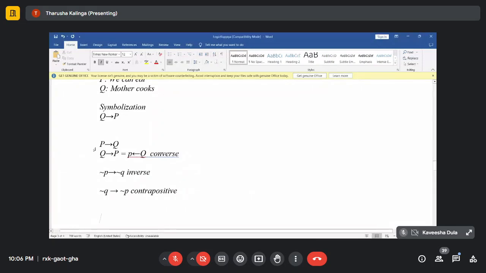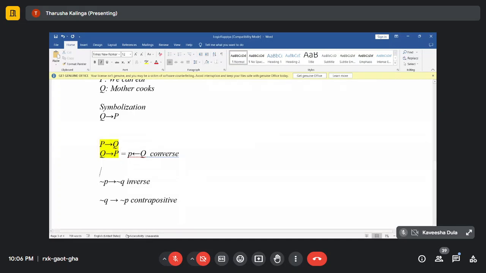We take P implies Q and Q implies P. We take these two and then write one thing.